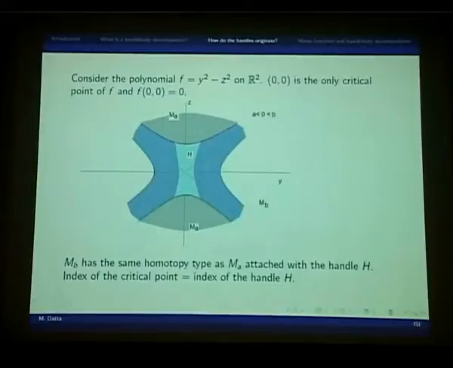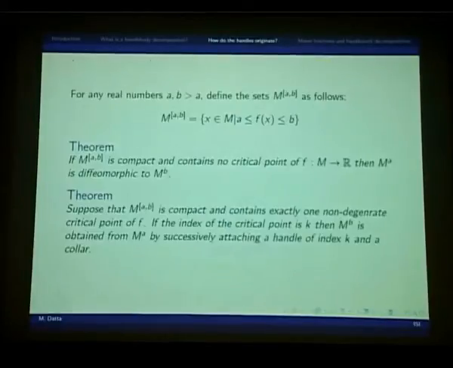So to make it smooth, I have to attach a collar. Then the diffeomorphism type of MB will be the same as that of the manifold. So the main point to note is that if you have a critical point of index lambda, then to get MB from MA, you have to attach a handle of index lambda.